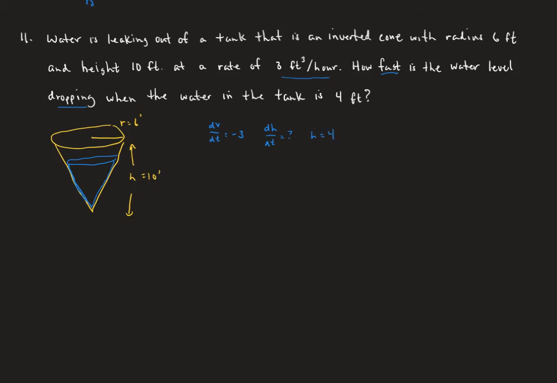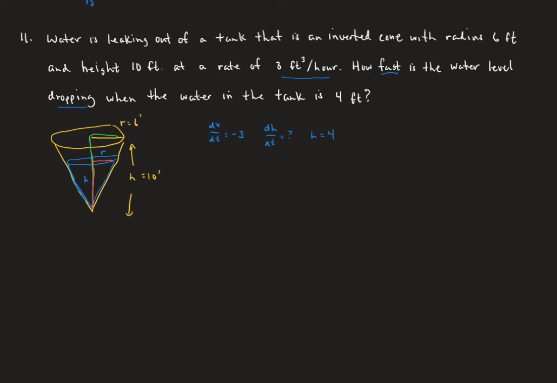So we have some similar triangles here. We have the triangle that comes from the actual tank itself, and we have the triangle of water inside there. Now the tank is fixed. Its radius is 6 and its height is 10, but the radius and the height of that triangle of water is changing with time.